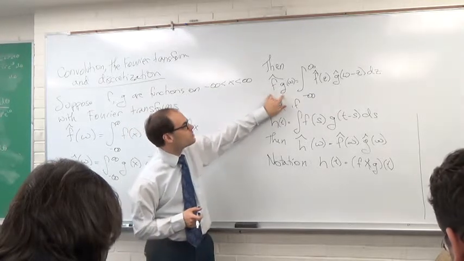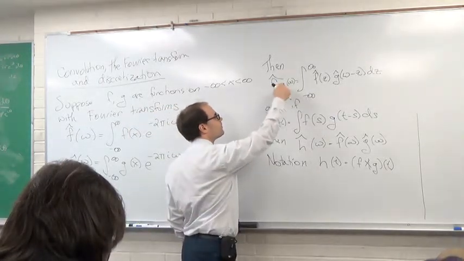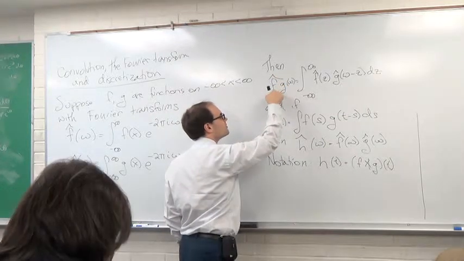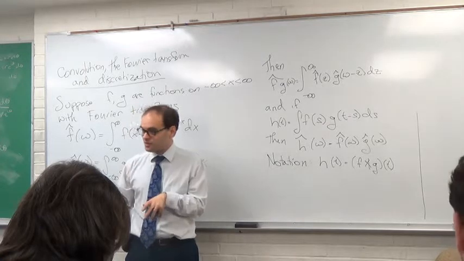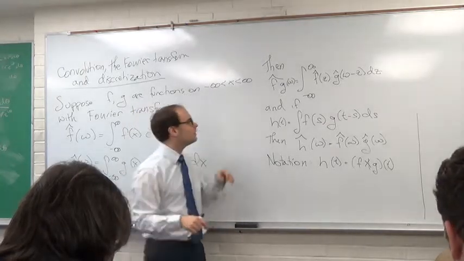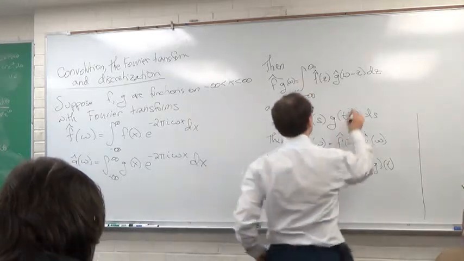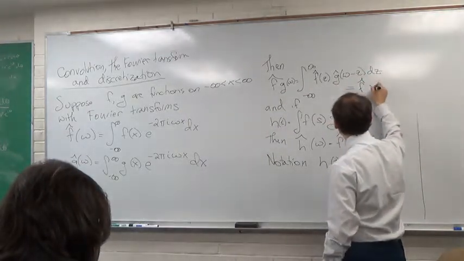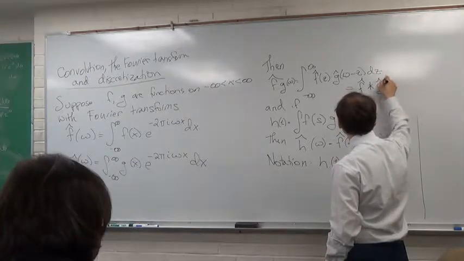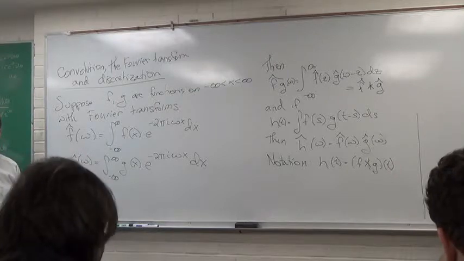If I take the product of the two functions, what is this function? This is the function which is f times g, or f of x times g of x for all points x. And that's then the convolution of their Fourier transforms. So you can write it like this. It's a little bit subtle.